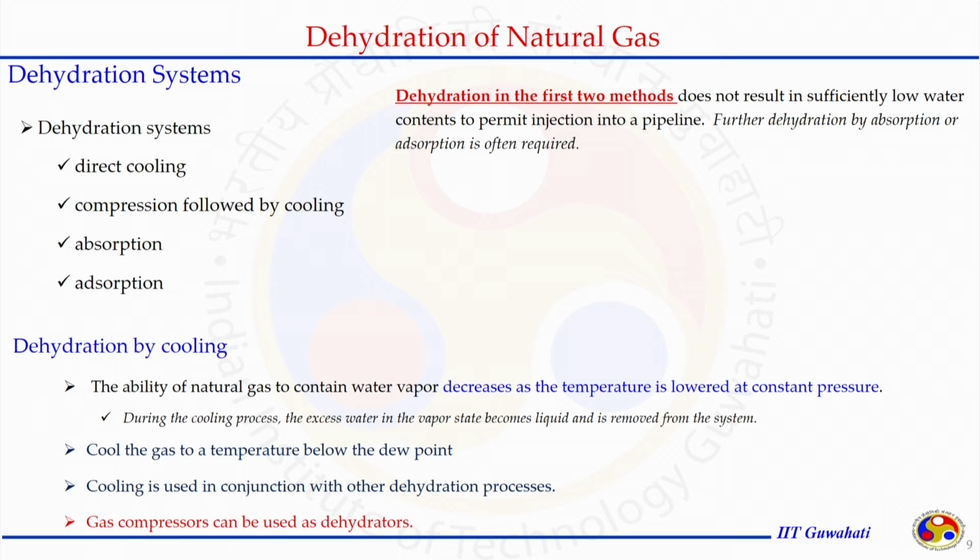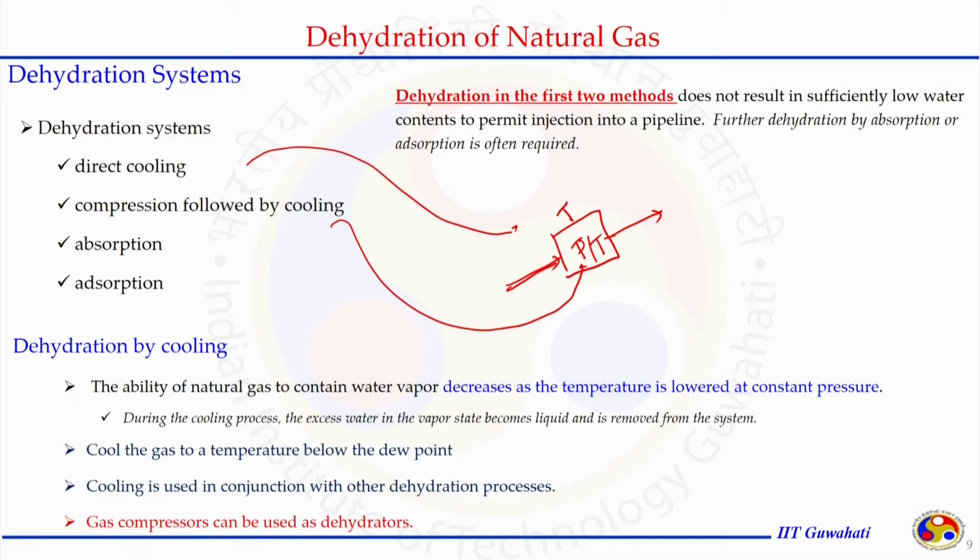But both direct cooling and compression followed by cooling, like in this situation when we are having the inlet gas and outlet gas, when we are changing either the temperature in the direct cooling condition or temperature pressure followed by temperature change in the compression followed by cooling procedure, the water content here will be different, and we will be able to get the water separated out from the natural gas.